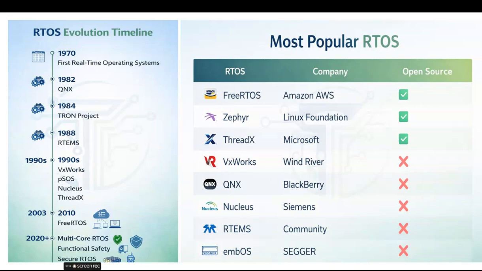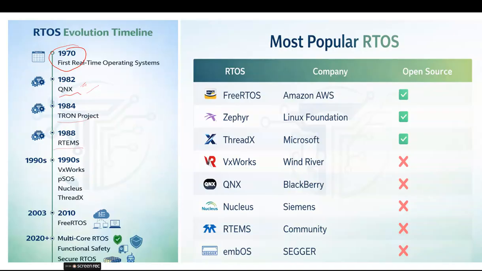So this is some historical background and what is available for RTOS. RTOS got introduced in the 1970s. Everybody claims that theirs is the first, but QNX is sometimes named as the first RTOS.